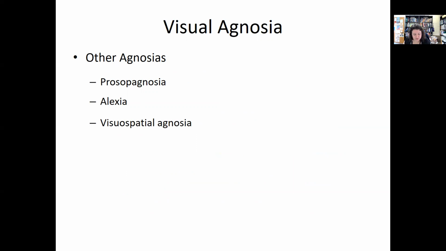Other agnosias, which are really important. So one is prosopagnosia. This is where you can't recognize faces. And this is obviously really difficult for humans because we just talked about how important faces are to us socially. So you can recognize facial features a lot of the times, facial expressions.